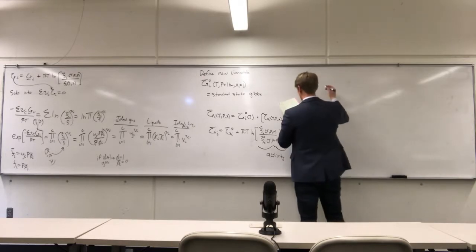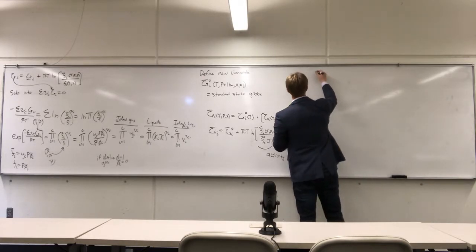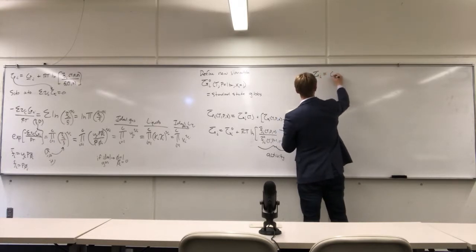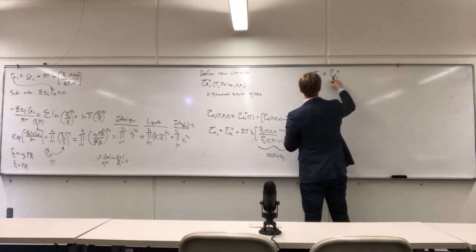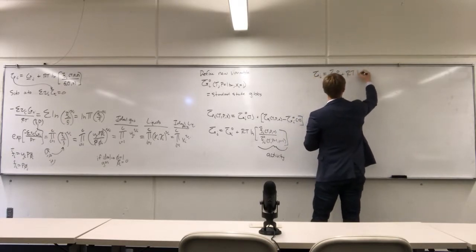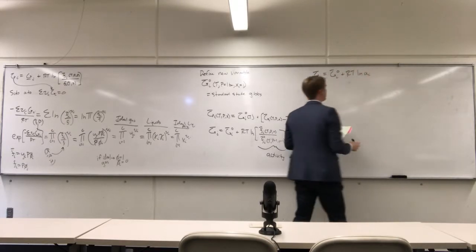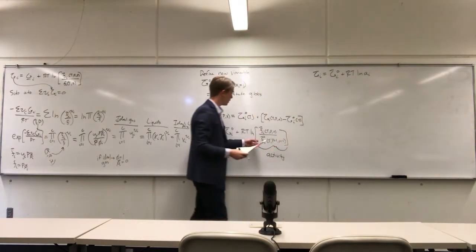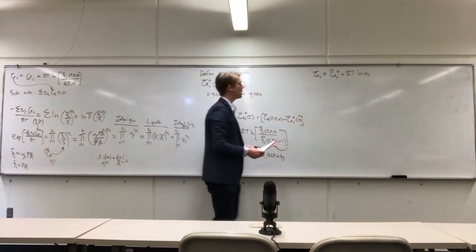So, what we're going to write then is that the partial Gibbs is going to be equal to the Gibbs at the standard state corrected by its activity, which is the ratio of the partial fugacities.